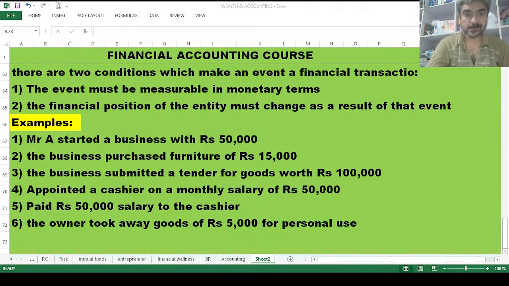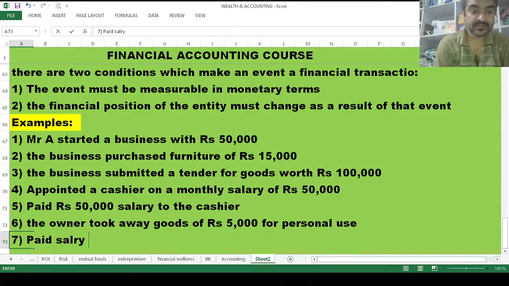Now let's discuss example number 7. Paid salary of rupees, let's say 10,000.